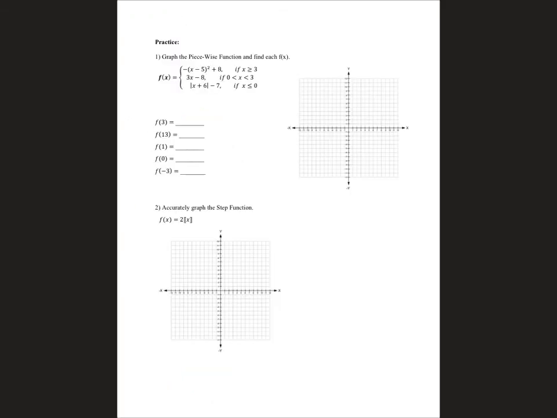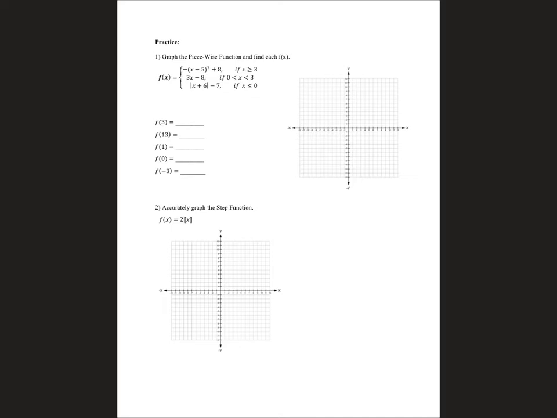Let's go ahead and do some practice involving both piecewise and greatest integer functions. In example problem number 1, we have f of x equals a quadratic, where x has to be greater than or equal to 3. We have f of x equaling a linear, where x has to be greater than 0 and less than 3. And we have f of x equaling an absolute value, where x has to be less than or equal to 0.